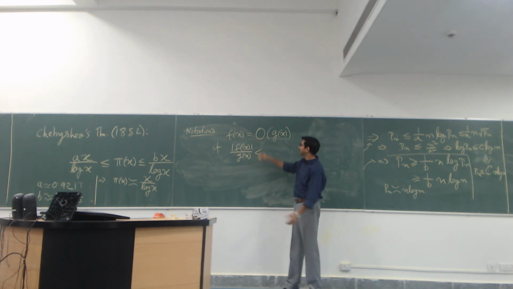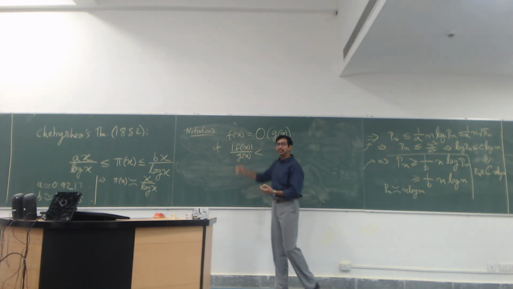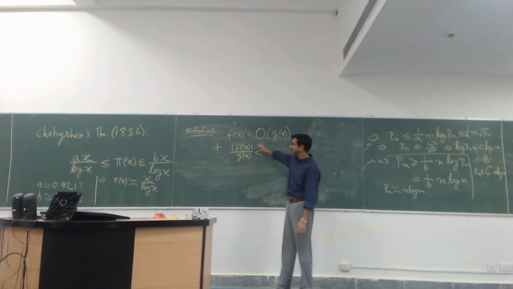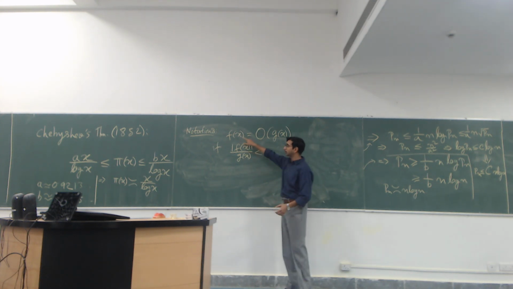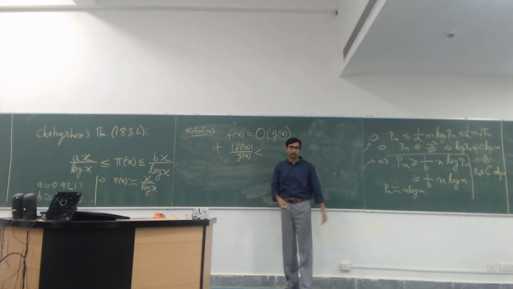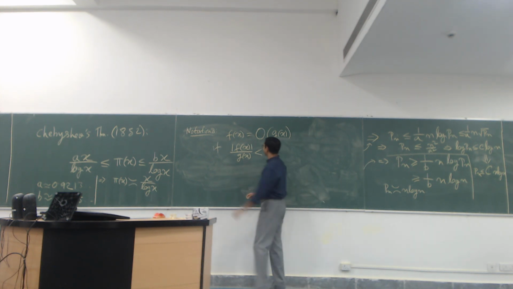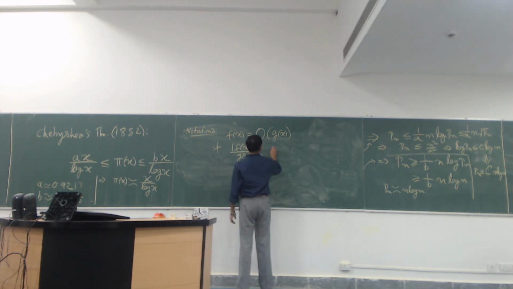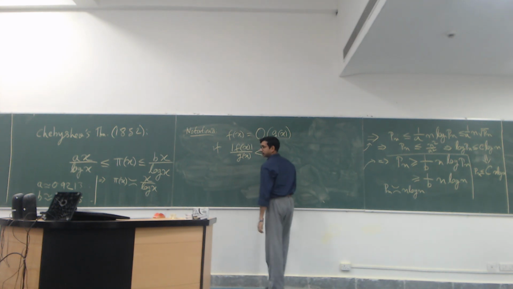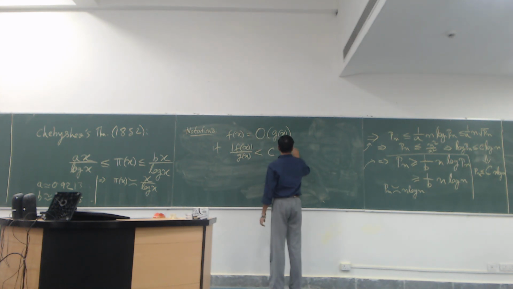Otherwise, if your x is tending to a particular value, these are also valid notations. But for us, x will tend to infinity, for all x being sufficiently large. So f(x) by g(x) is bounded by a constant for all large x.